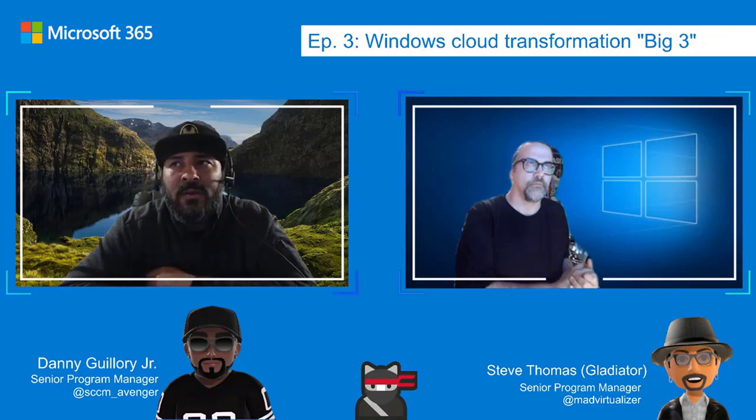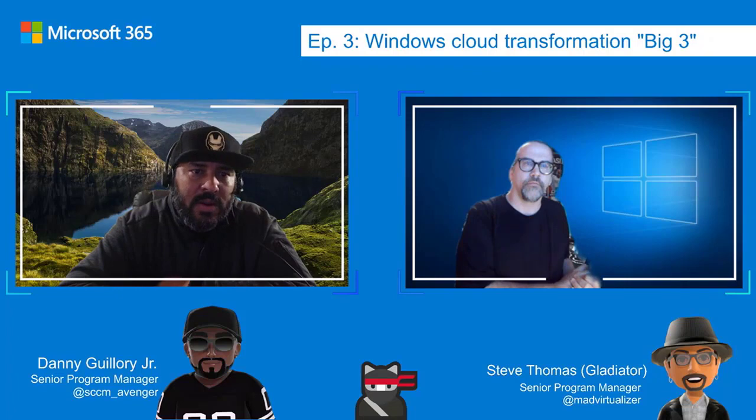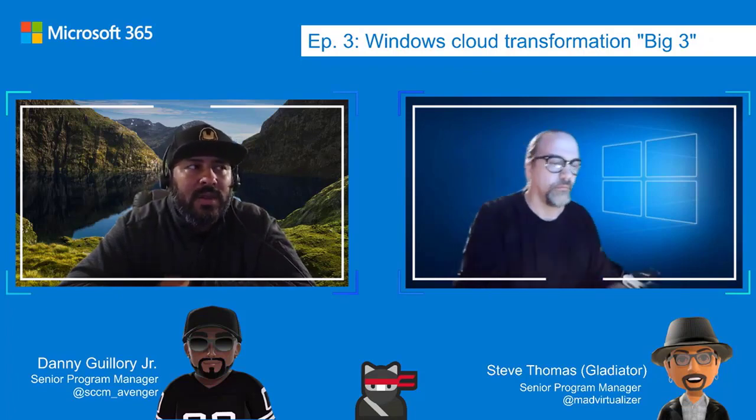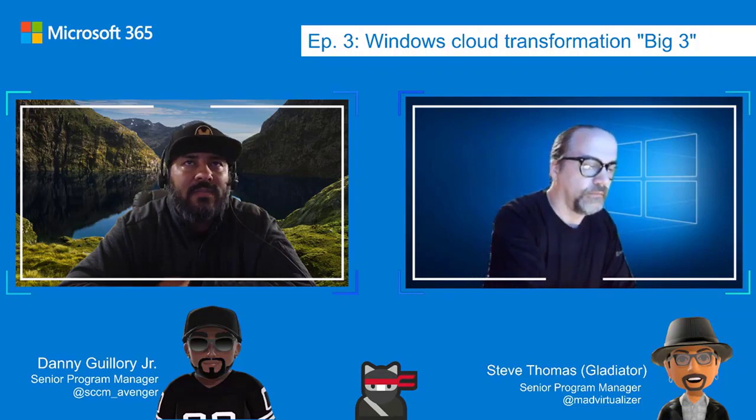Then you also have MCC, Microsoft Connected Cache. Yes, it's still a server right now, but you've got a server out there. I love to characterize Microsoft Connected Cache as a self-sustained distribution point.